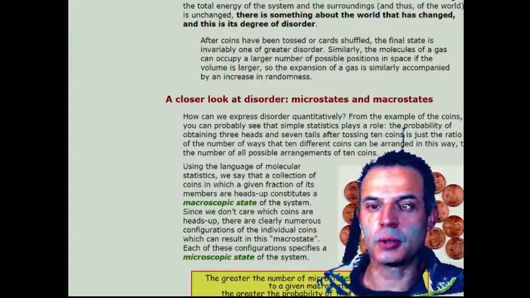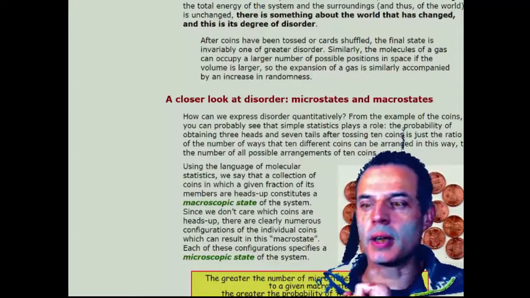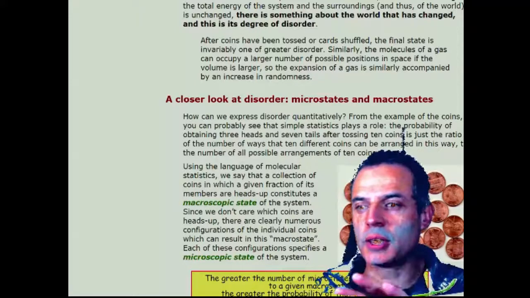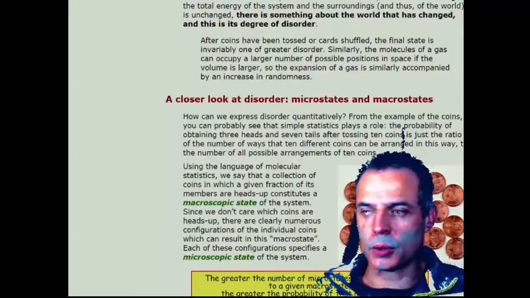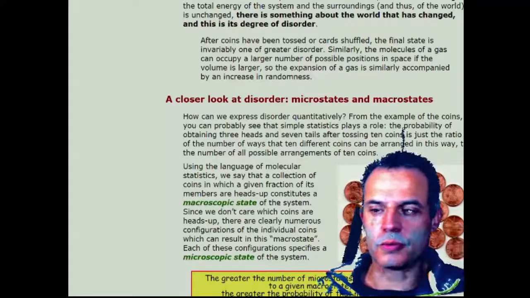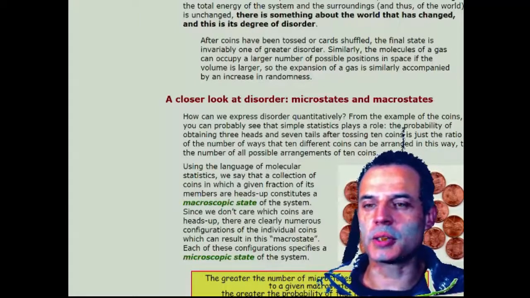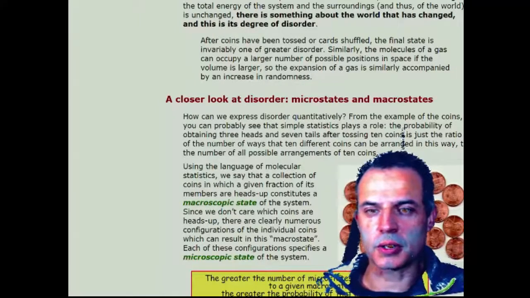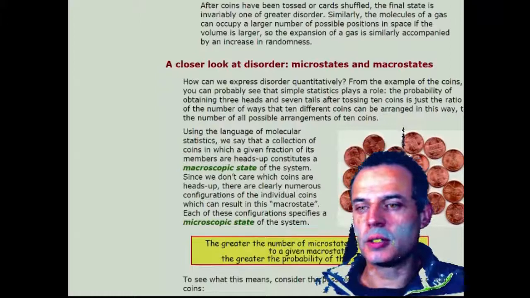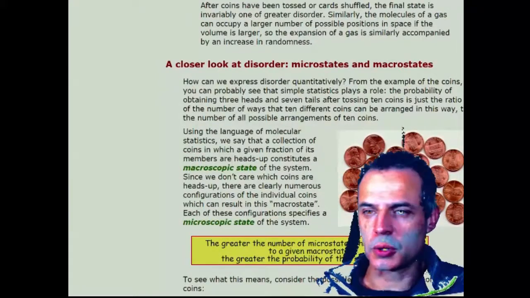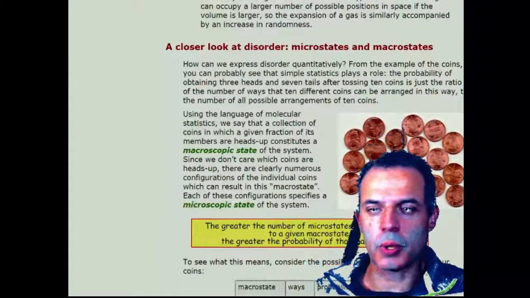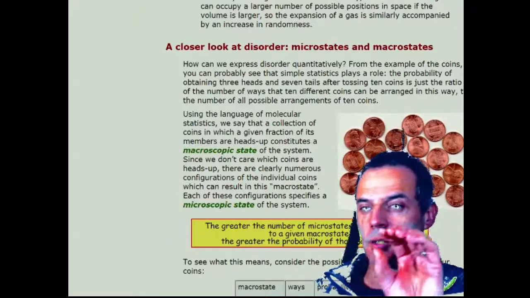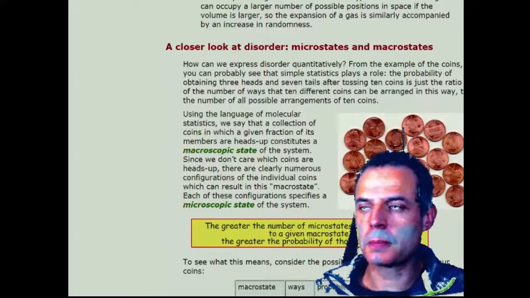Here they are gradually transferring from an order-disorder visual representation to a more correct one. If we look at this, some of the coins are one way up, some are the other way up, but each one is only one direction.